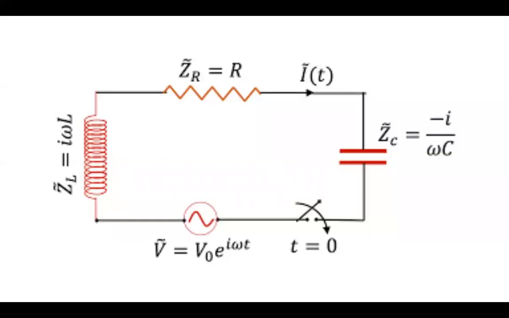However, can we identify the parts? By looking at it, this would be the inductor, guys. The inductor. What about this one? The resistor. And this one? The capacitor. All right. This is more sophisticated one.